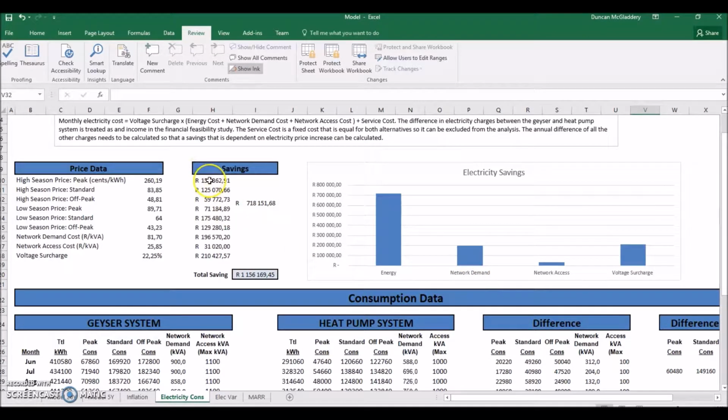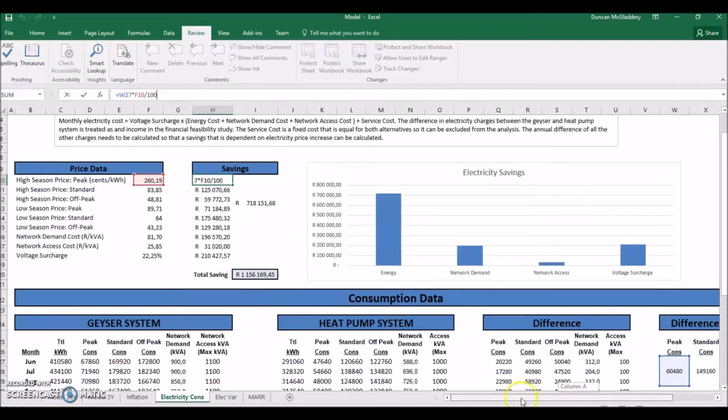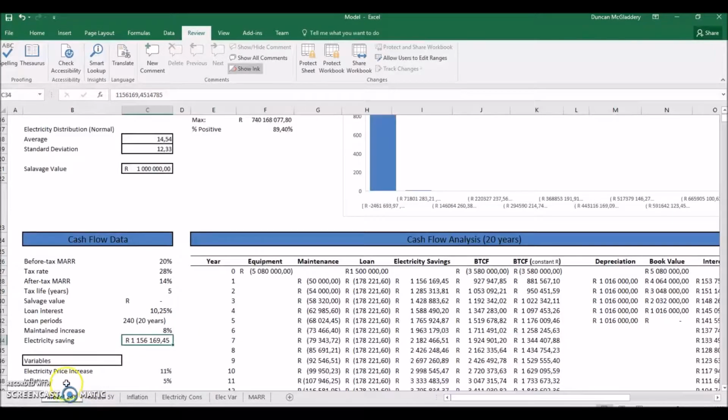The next thing was to calculate the savings per category, and that was as simple as taking the price and multiplying it by the difference in consumption. I then calculated the total savings by summing over the 4 different categories. This value over here was inserted into the model just over here as the electricity savings.